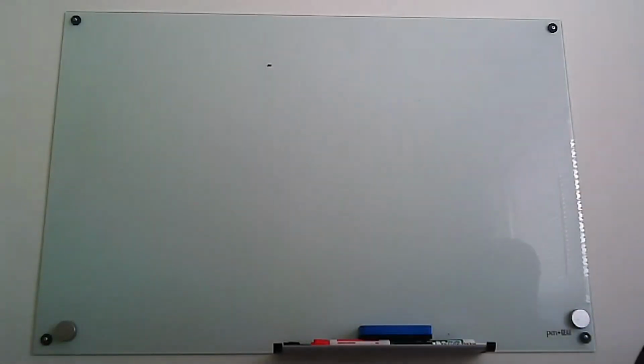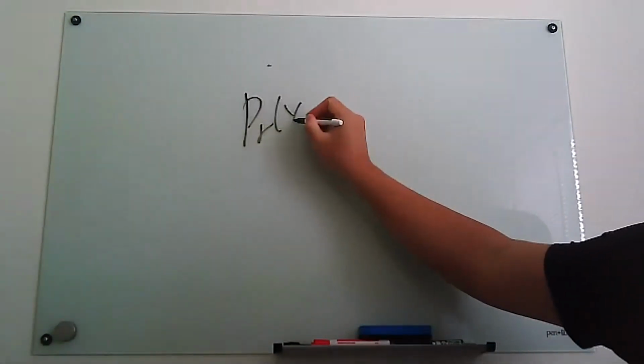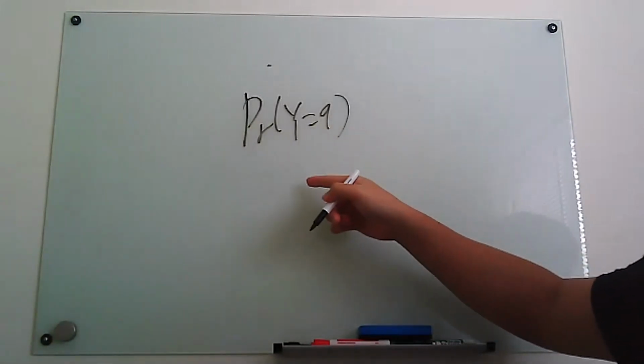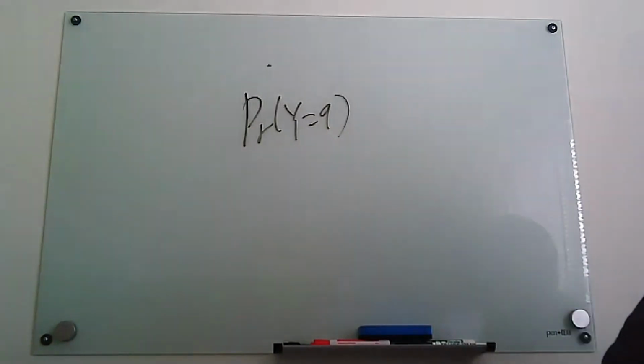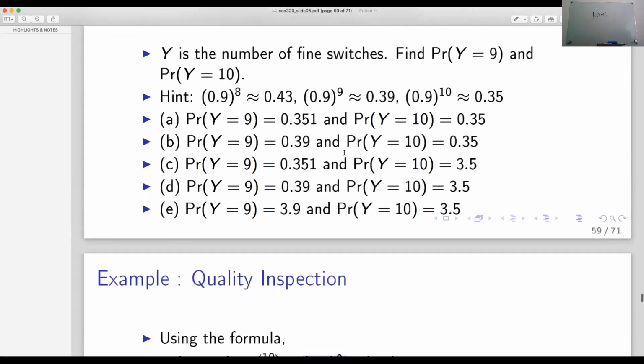In the exam, I'm going to give you a hint like this so that you can save a lot of time. Actually, let me show you in the slides; I probably have this in the answer. So the probability of y equal to 9 would be 10 choose 9 times 0.9, so this is the probability of each success times this, because I gave you this here.